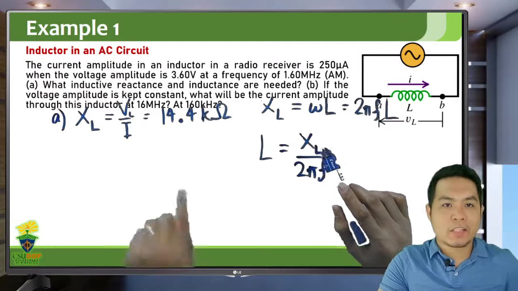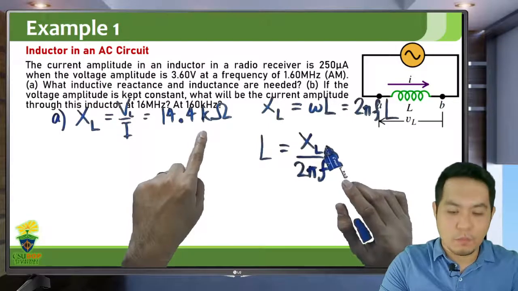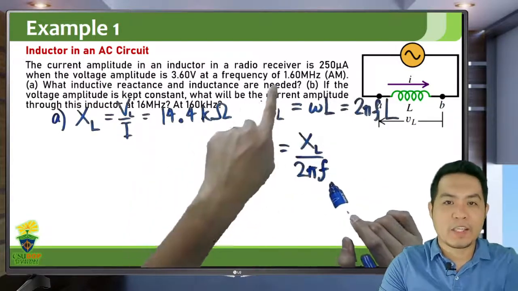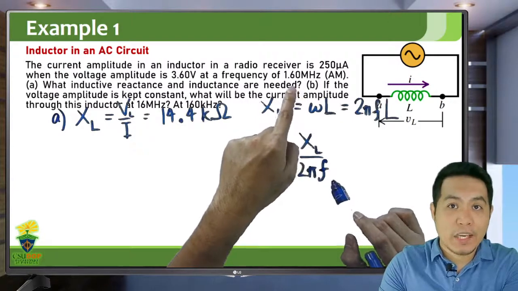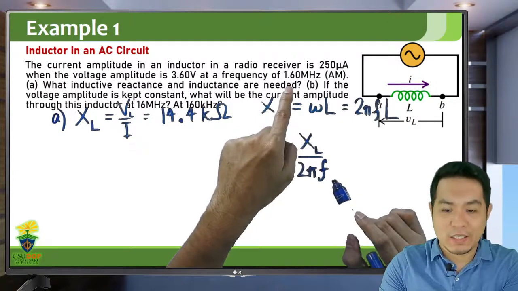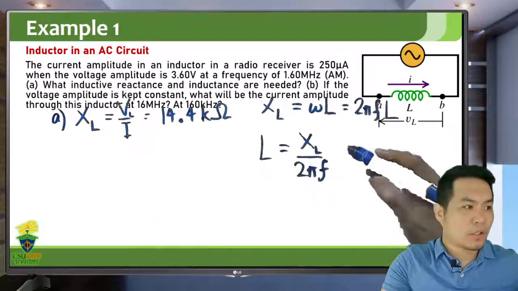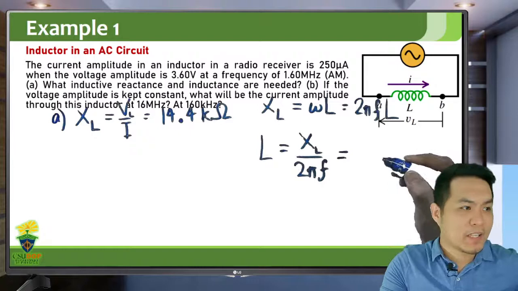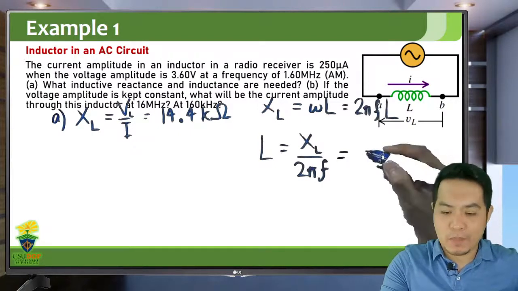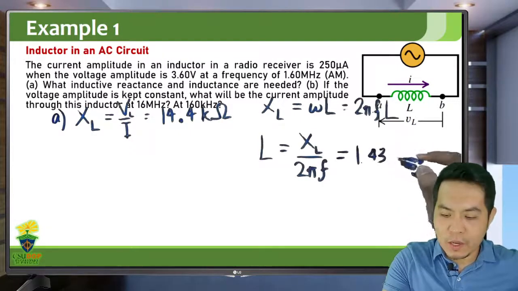XL is 14,400 ohms, and the frequency is 1.60 megahertz. Mega is times 10 to the power of 6. Substituting all those values, you will get 1.43 times 10 to the negative 3, and 10 to the negative 3 is milli.